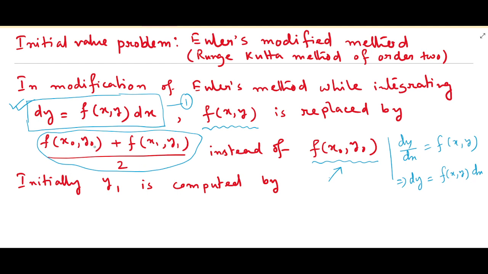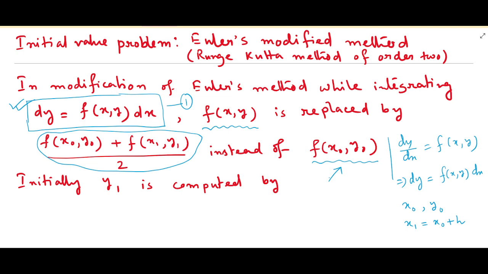We know all the terms. x naught and y naught are given in the question. x1 we can find; the formula is x naught plus h. What is h? h is the step size. I have explained step size clearly in Euler's method, so kindly go through it for a better understanding. So x1 is also known to us.